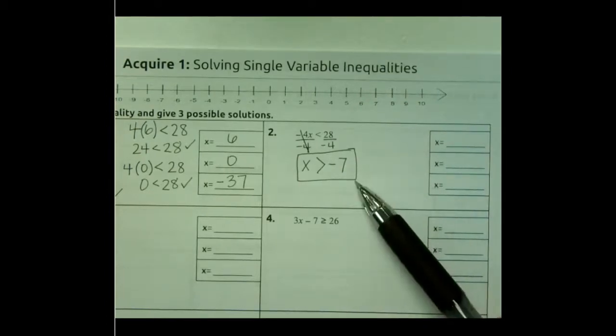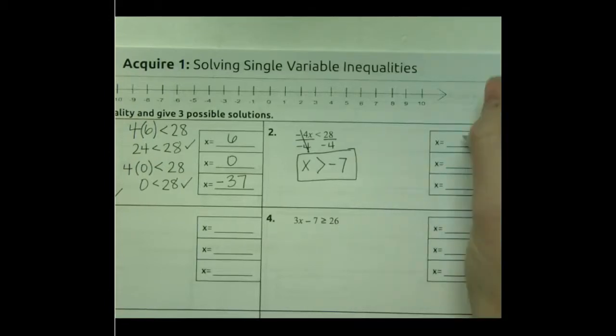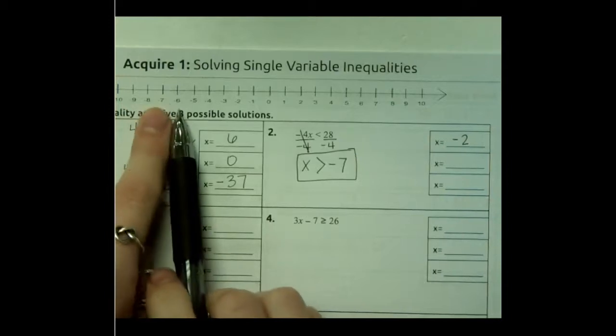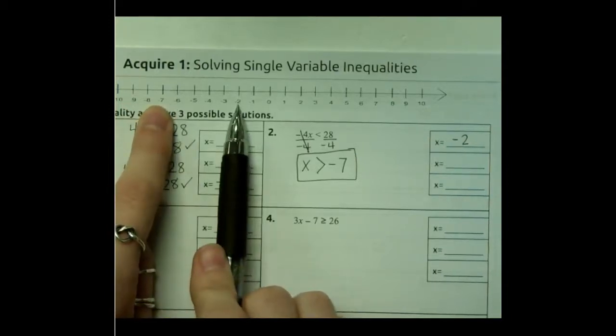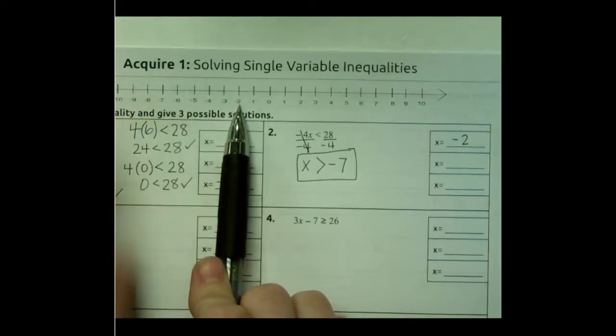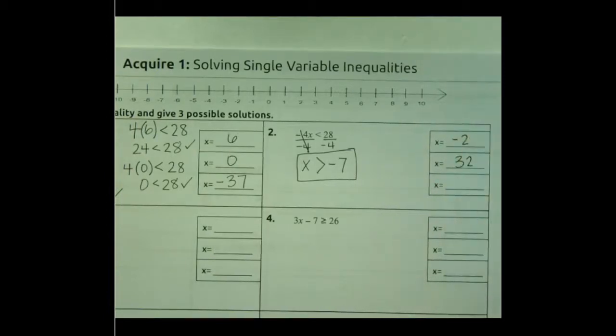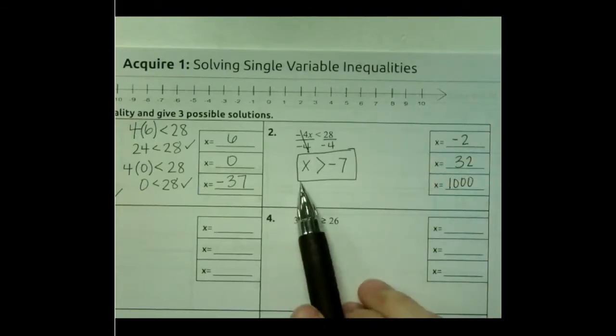So now we need to pick some options that are greater than negative 7. I could pick negative 2, because if you look up here at your number line, here's negative 7, here's negative 2. The one on the left is less than. So negative 2 is greater than negative 7. I could pick 32, or I could pick 1,000. 1,000 is definitely greater than negative 7.